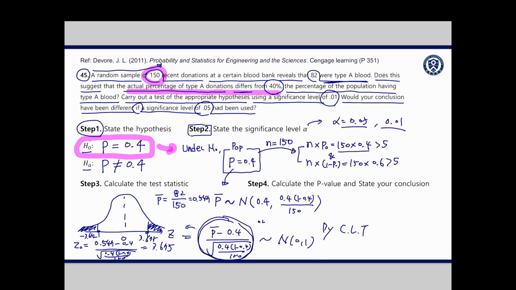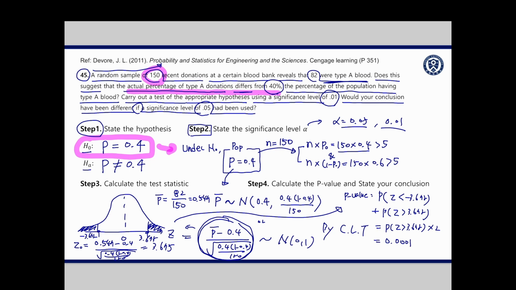Okay, so in step 4, the p-value equals the probability on both tails, which is 0.0001 2 multiplied by 2, equal to 0.00024.